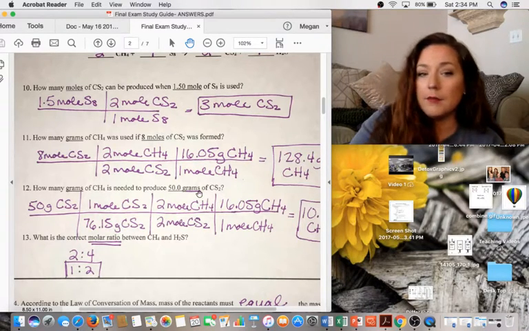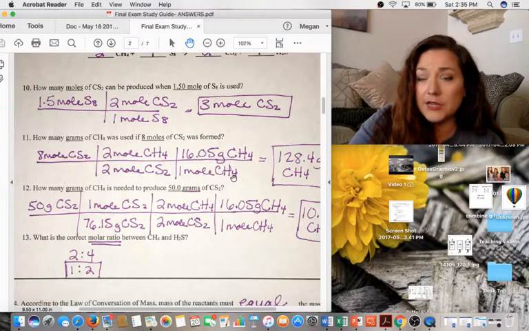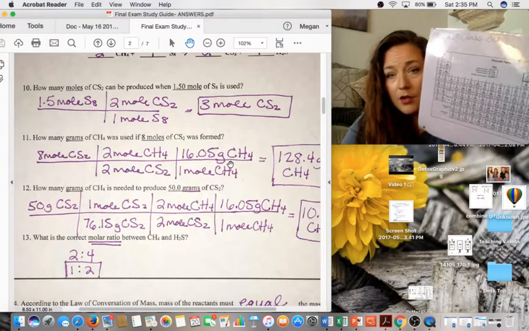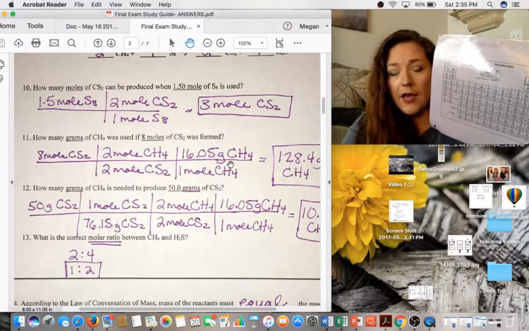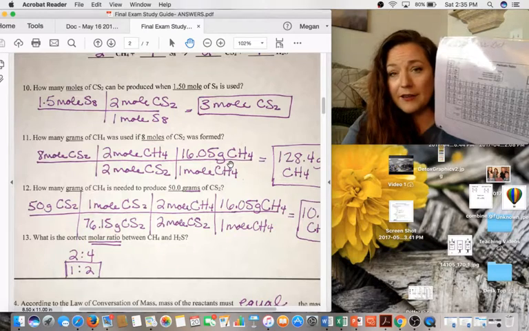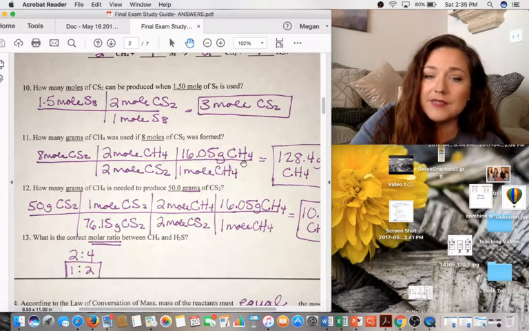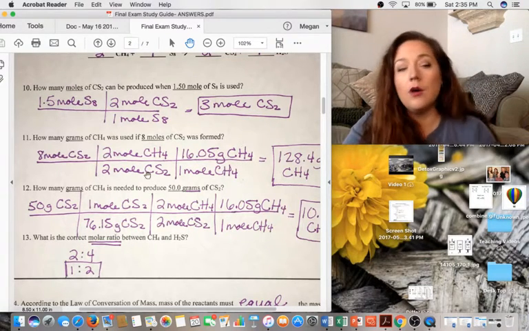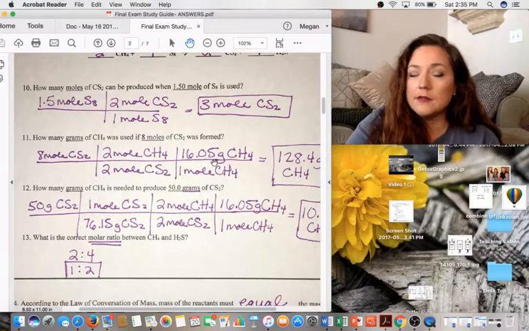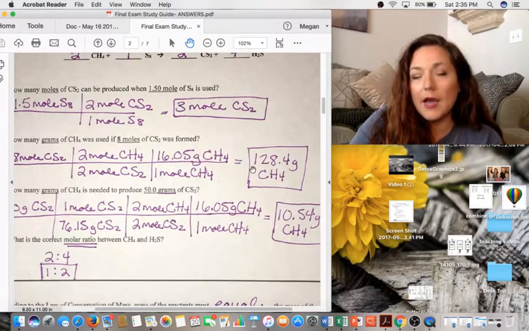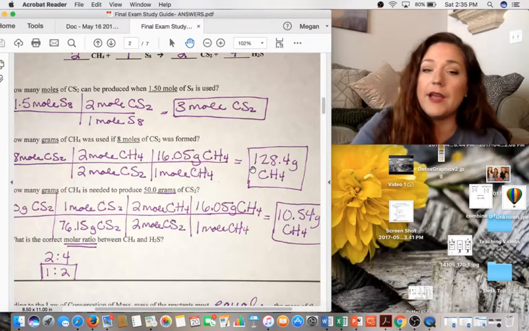So I put 1 mole of CH4 to grams, and I look at my periodic table and add up the carbon of 12.01 and 4.04 for the hydrogen, and it gives me 16.05 grams of CH4. So I multiply across, divide by the bottom, and I get 128.4 grams of CH4.